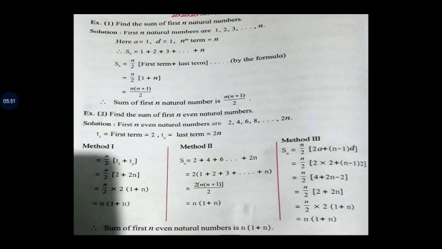If I use that formula, I'll get the same answer, but the methods will be different. So whichever is convenient for you, you can use. But in the regular process, you have to use the formula Sn is equal to n by 2 into bracket 2a plus (n minus 1) into d.